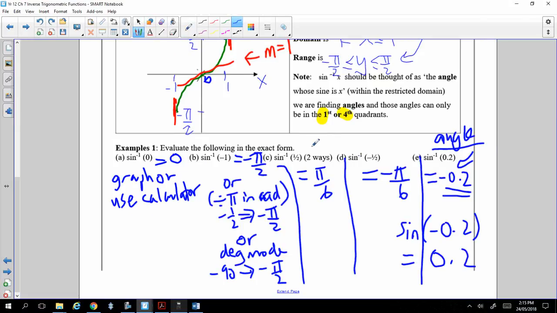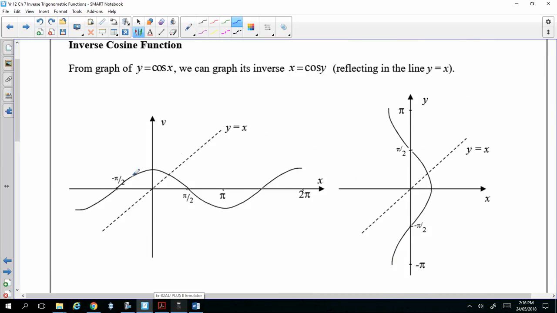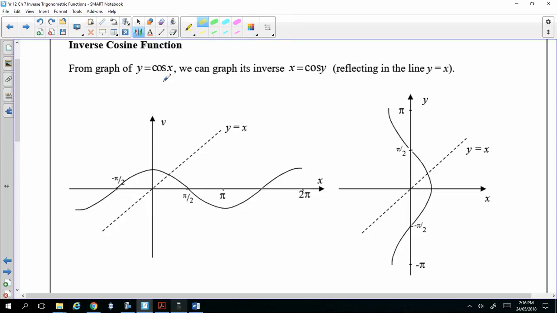Next one, cos inverse. Again, cos doesn't have an inverse, so we have to restrict the domain. The way we restrict the domain will be different from sine inverse because if I pick these two, it wouldn't be monotonically increasing, isn't it? It won't be one to one.